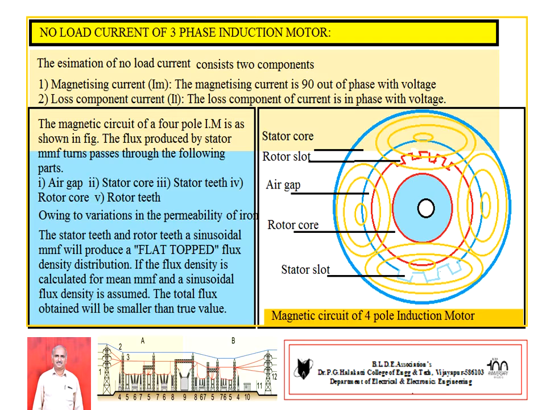So finally we refer to it as flat topped flux distribution. Flat topped flux distribution is practically available. It is not sinusoidal. Hence the calculation of flux density is complex, whether we have to assume sinusoidal distribution or whether we have to take flat topped.